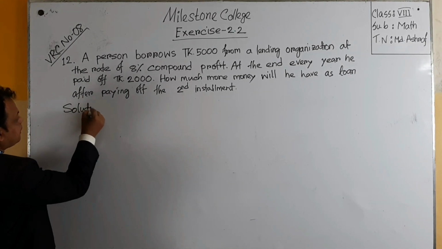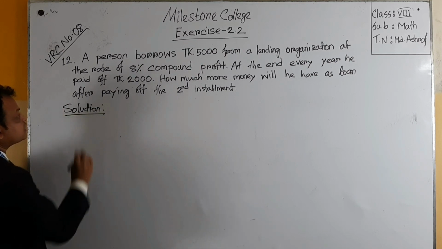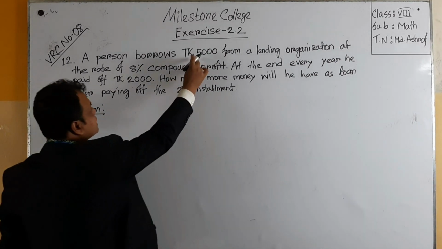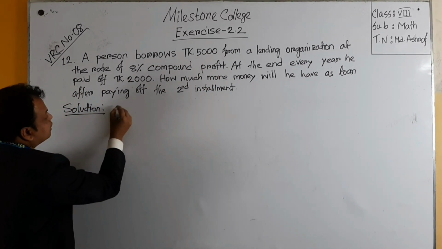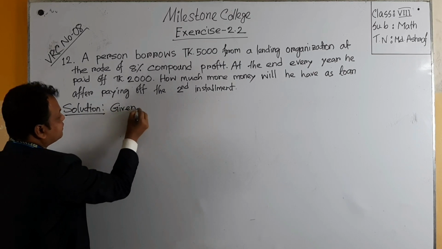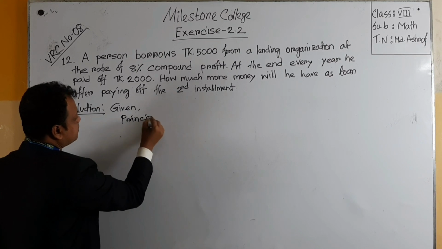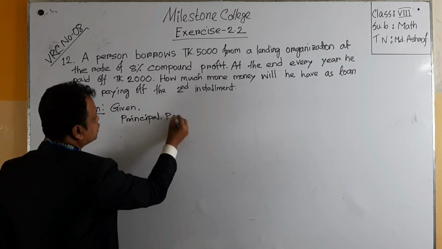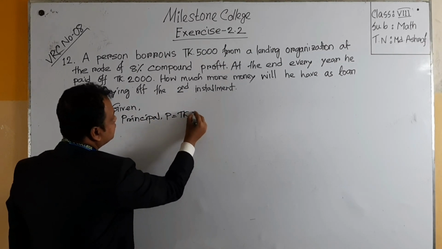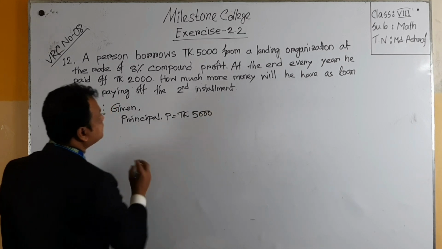Solution. At first, we will write this 5,000 taka, it will be the compound principal. So, this is the given principal, P equals taka 5,000.